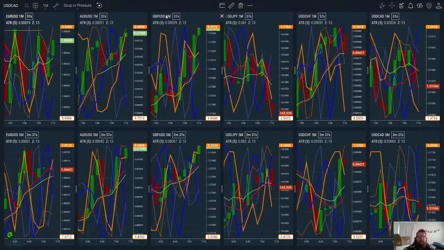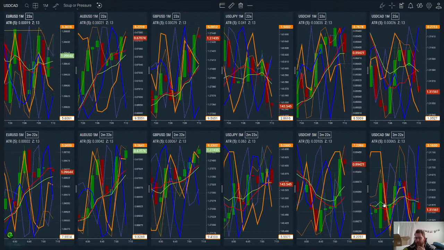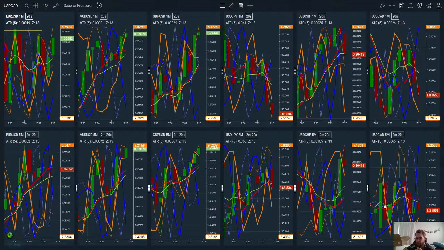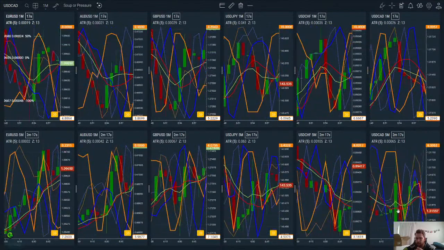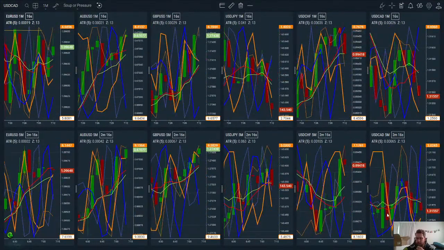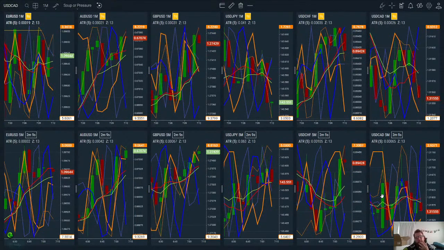However, we're still in this one. It's really not, just kind of blah. This one's kind of annoying. I guess this is pretty choppy. It's a little too choppy for actual trading.